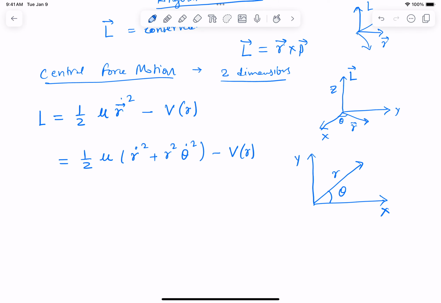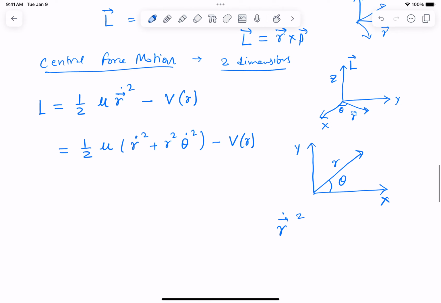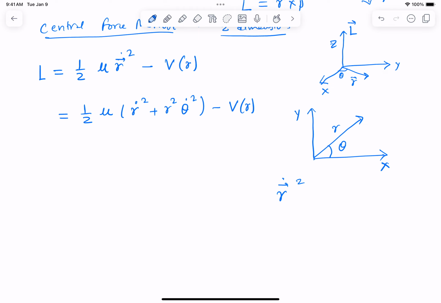You might ask, how did I get this? There are many ways to figure out how the vector r dot squared turns into r dot squared plus r squared theta dot squared. Well, the simplest way to do it would be, we know that if this is the vector r, then r dot squared is simply x dot squared plus y dot squared, right?